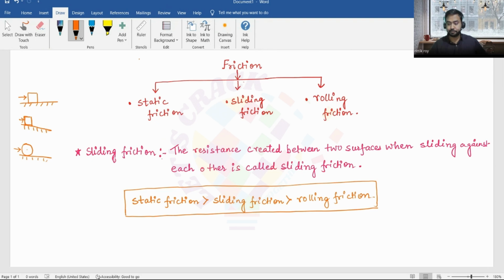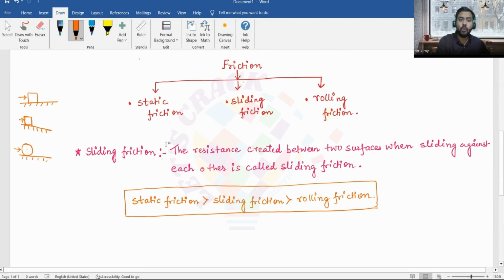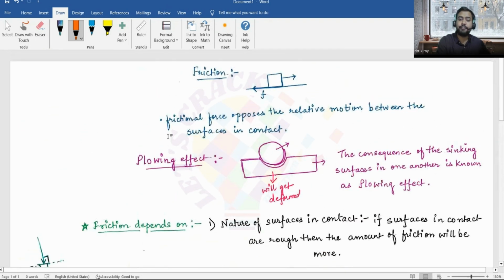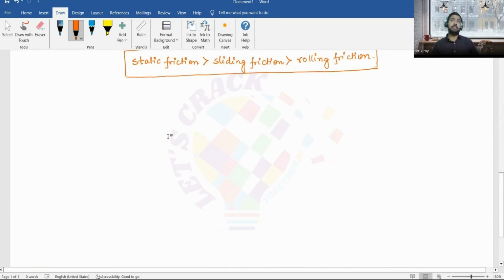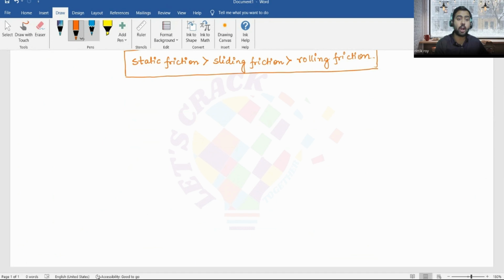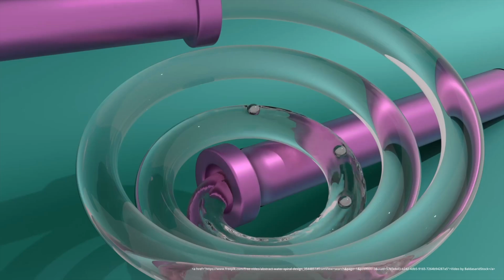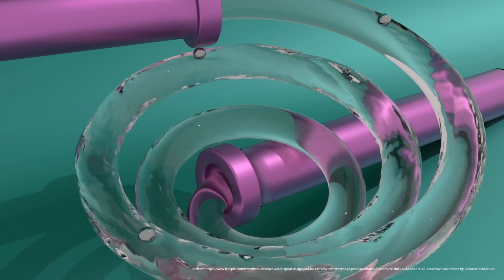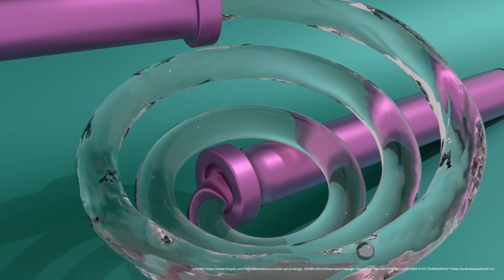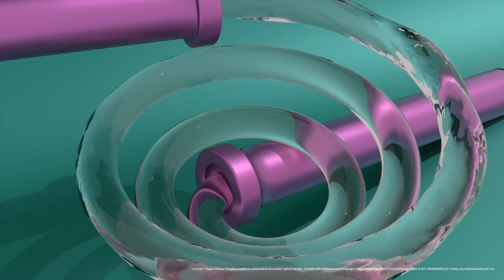Got it? Now these were all about frictions that take place in solids. You may say, sir, you told us that if any object moves it applies friction, so does it not happen in liquids? Yes. Suppose this is a pipe, and through this pipe the liquid is flowing in and coming out on this side.